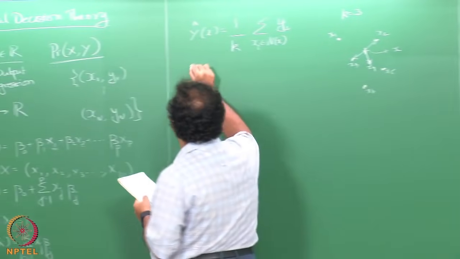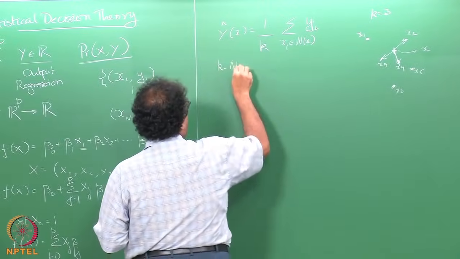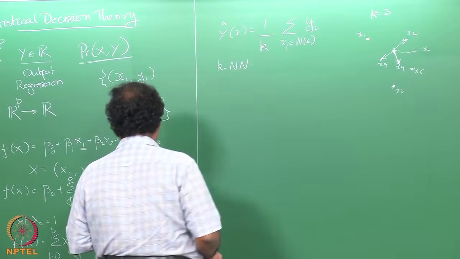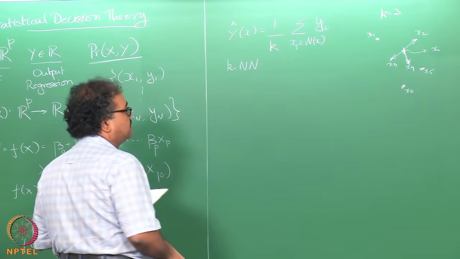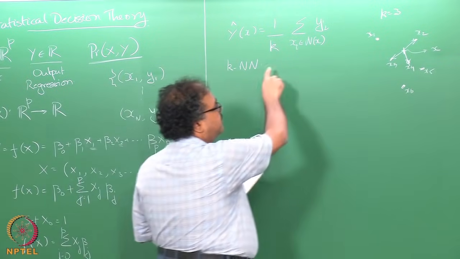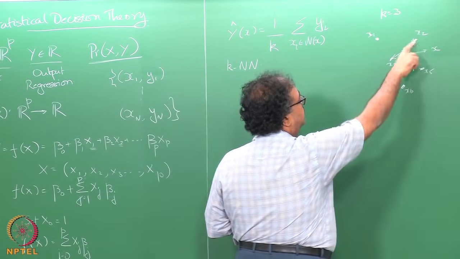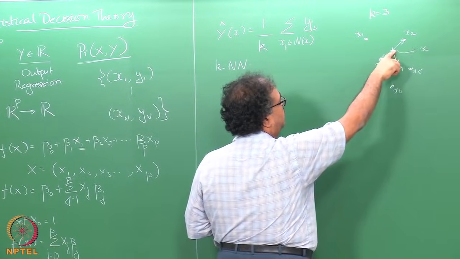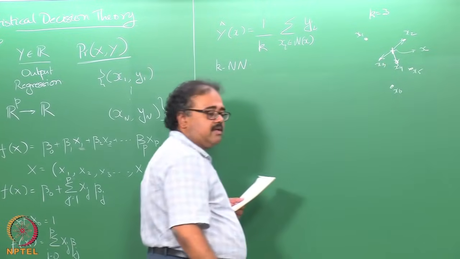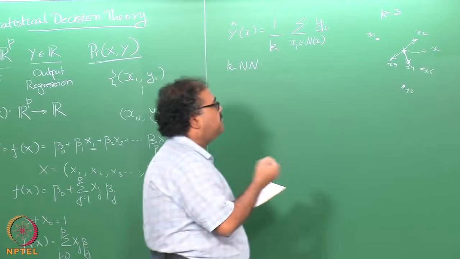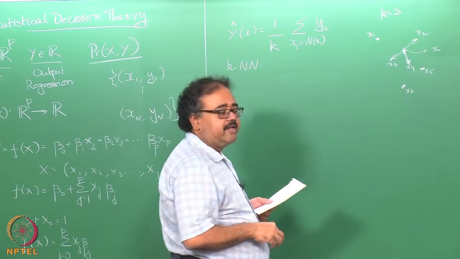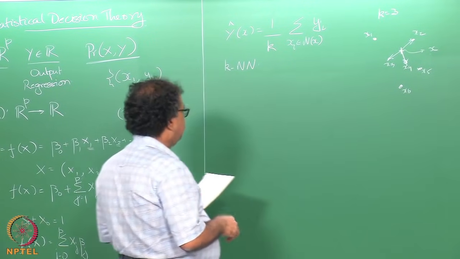So, this is called the k nearest neighbor regressor. I will just take the average of the outputs of y2, y3 and y4 and report that as the value at x. Depending on where x is I will be picking different 3 neighbors and reporting their values. This is the k nearest neighbor.